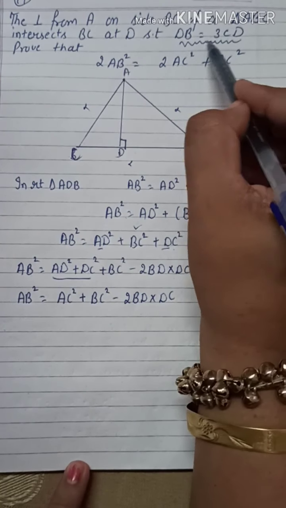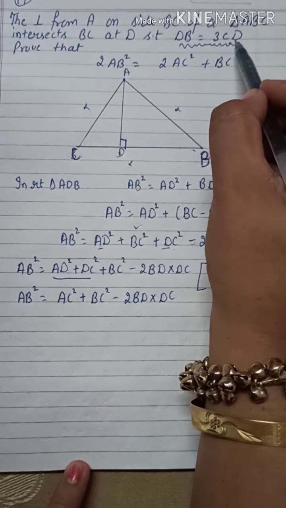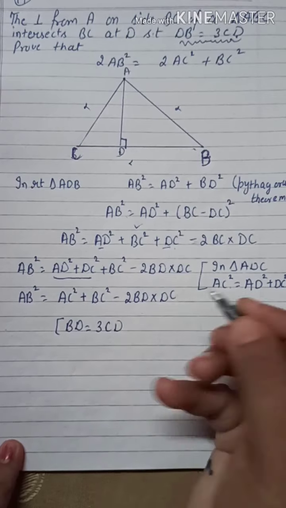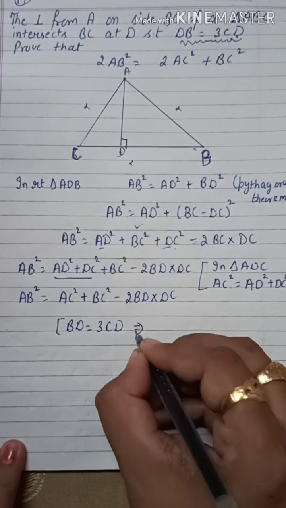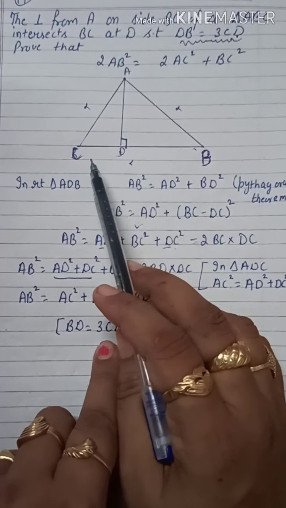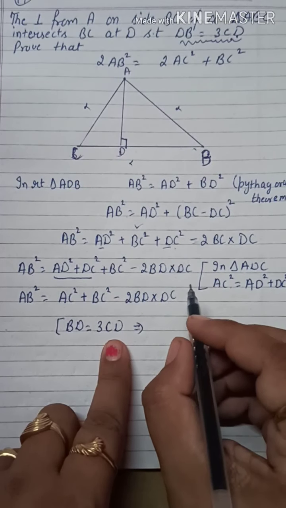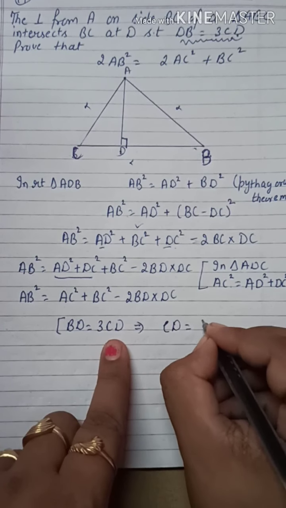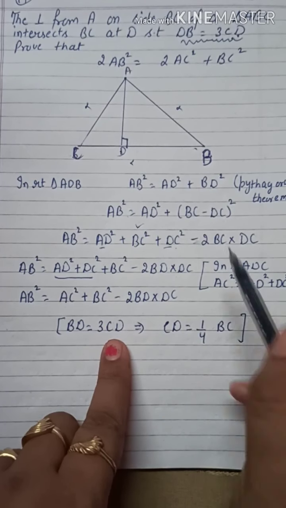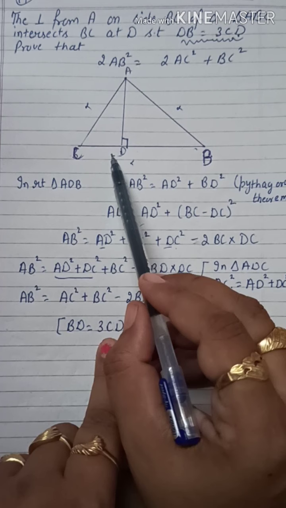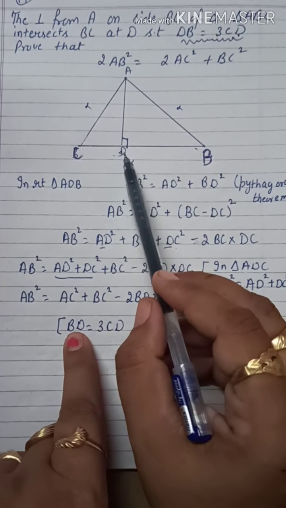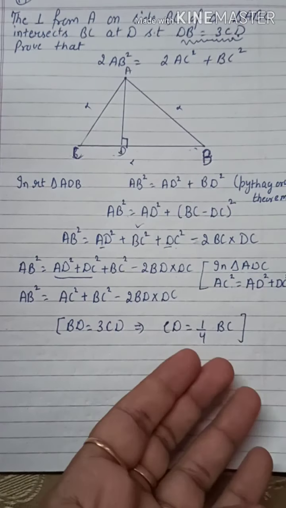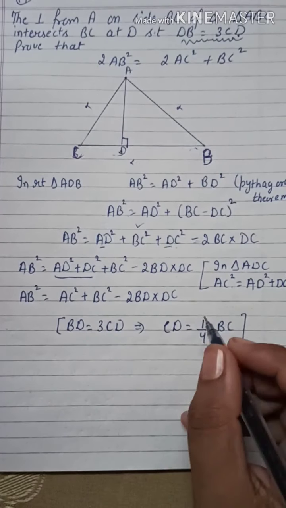It is given that BD equals 3 times CD, which implies that CD is the 1/4 part of BC. If you add 1/3 of BD, CD is 1/4 of BC. So CD equals 1/4 of BC.